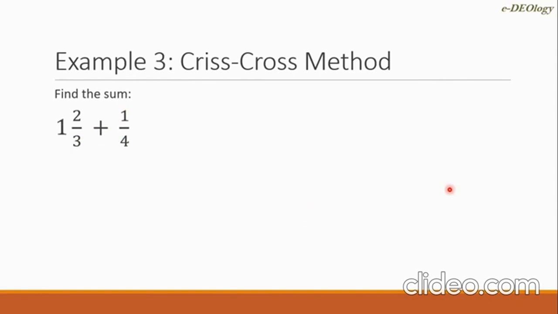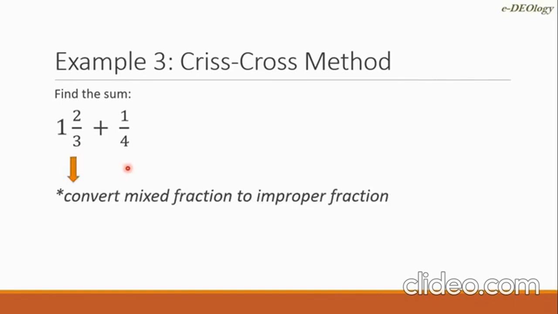Let's have this third example. So we have a mixed fraction plus a proper fraction. At first, we need to convert the mixed fraction to improper fraction. So this 1 and 2/3 is equal to 5/3. Then I copied the 1/4 here and the plus sign.